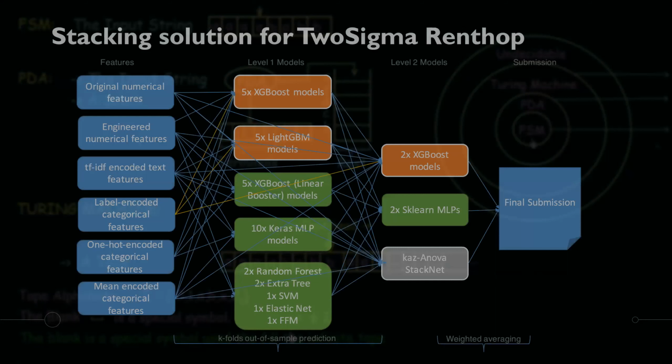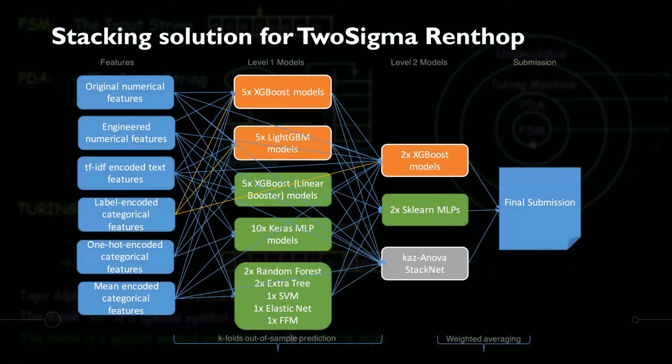So here's a quick overview of what I did for the Two Sigma Rent Hop competition. For that specific competition, I ended up with 30-ish to 50-ish base models, which are shown at the center of the diagram.